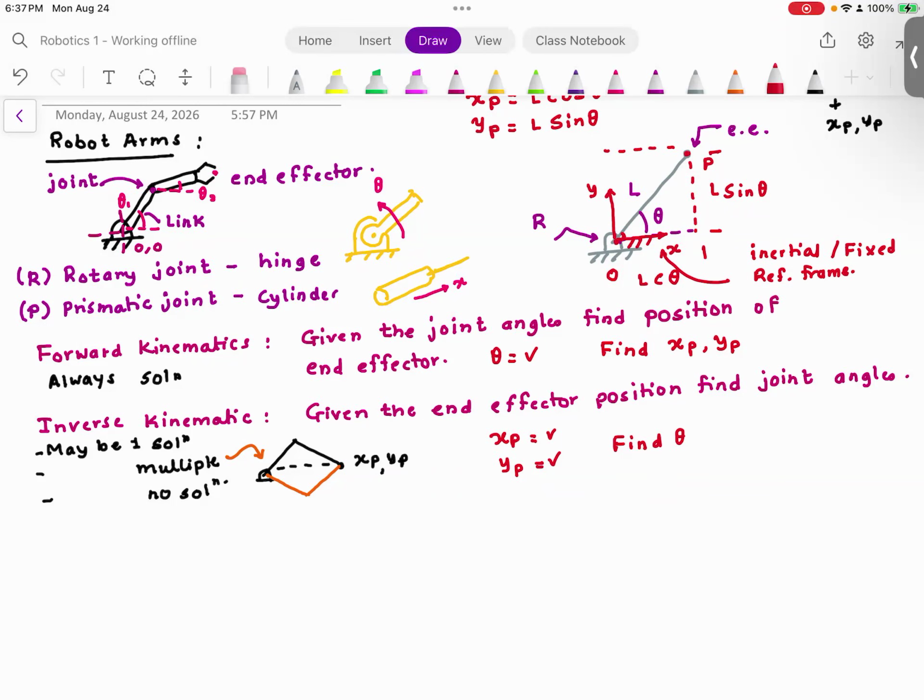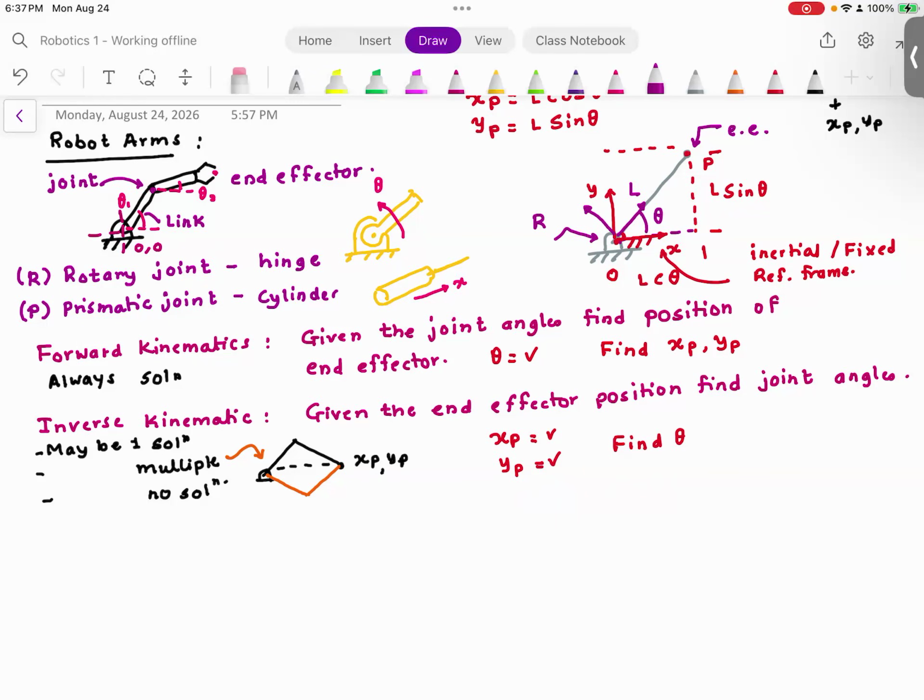So assume that this is link number 2. This is link number L, and here is this reference frame. Now, please notice, since that magenta reference frame is attached to the link, as the link is rotating, that reference frame is going to rotate. You agree with me?